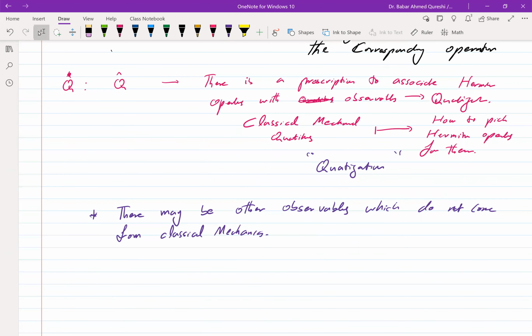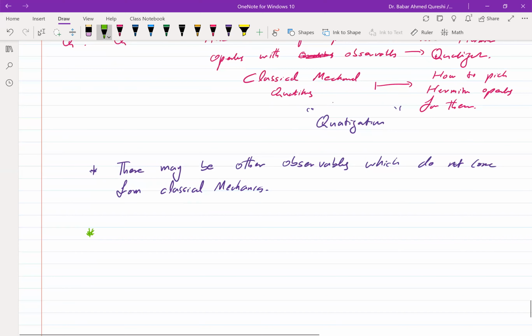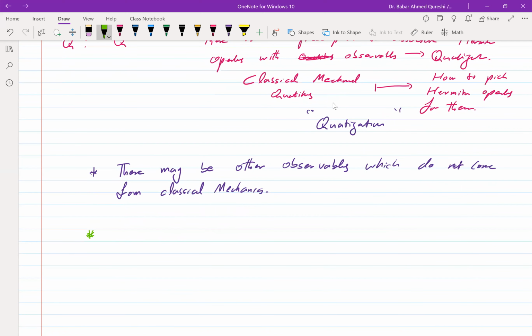There's another point of view you can take, that pretty much each Hermitian operator on the Hilbert space corresponds to some observable.